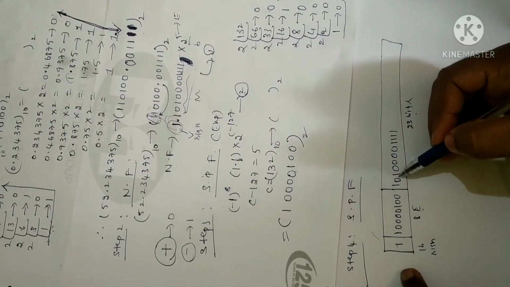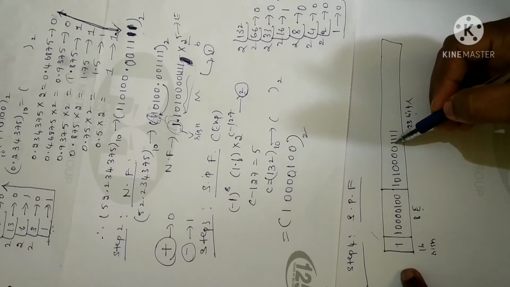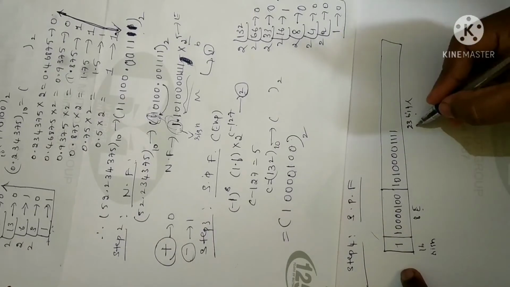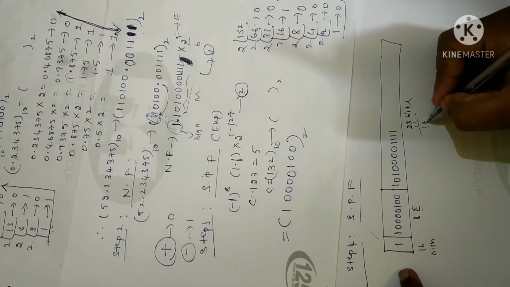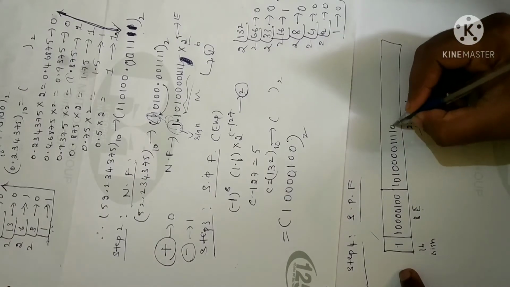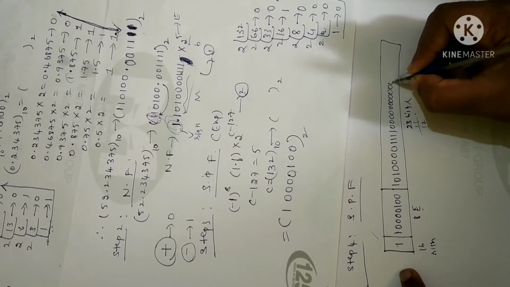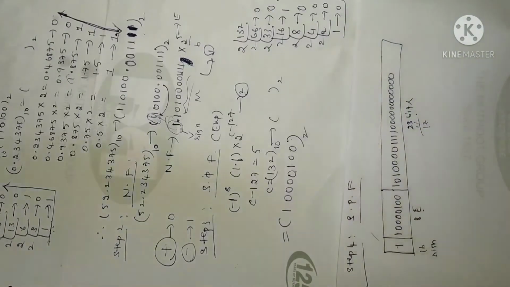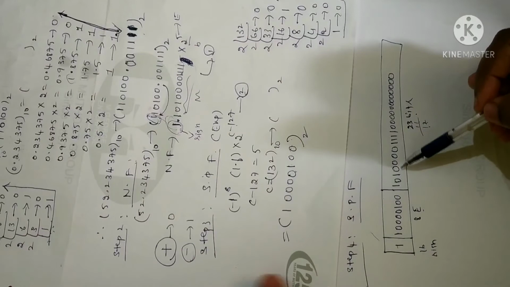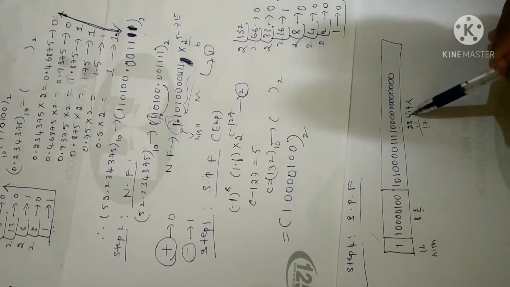It is 1 2 3 4 5 6 7 8 9 10 11 digits you have. So among 23 you have only 11 bits, so the remaining 12 bits you have to fill with 0, 1 2 3 4 5 6 7 8 9 10 11 12. Clear? If you count the number of bits inside this box, you should get 23.